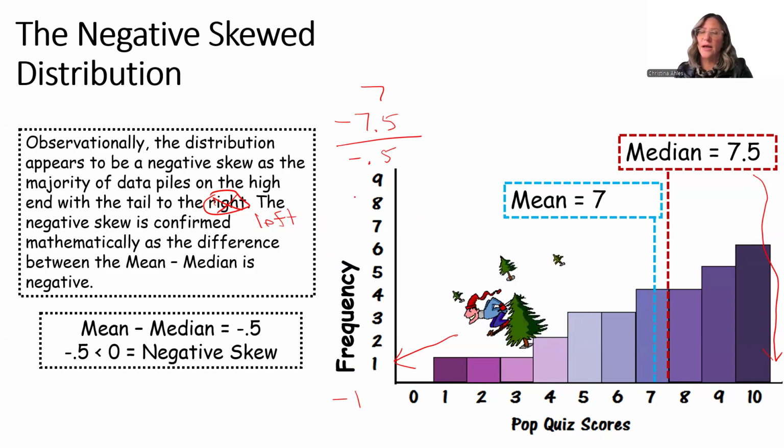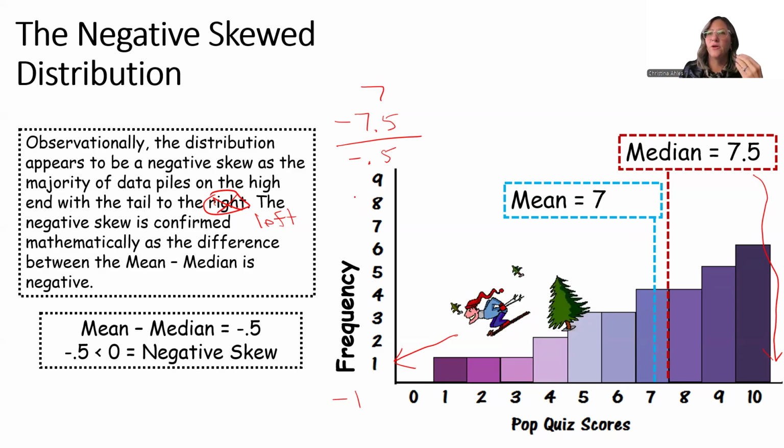So you will be asked those questions. I will expect you to describe observationally first and then confirm or negate it with your mathematical description. Now, sometimes there's a very small difference. In this case, the range of data is pretty close together, so 0.5 is large enough to show a skewed distribution.